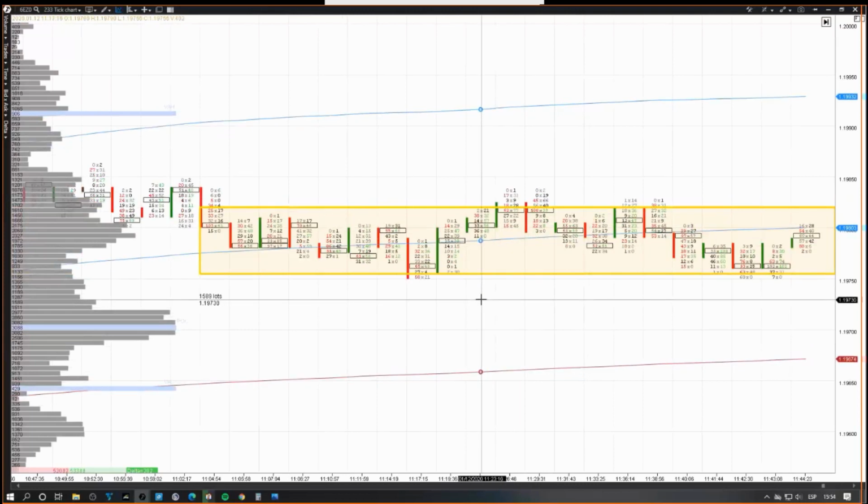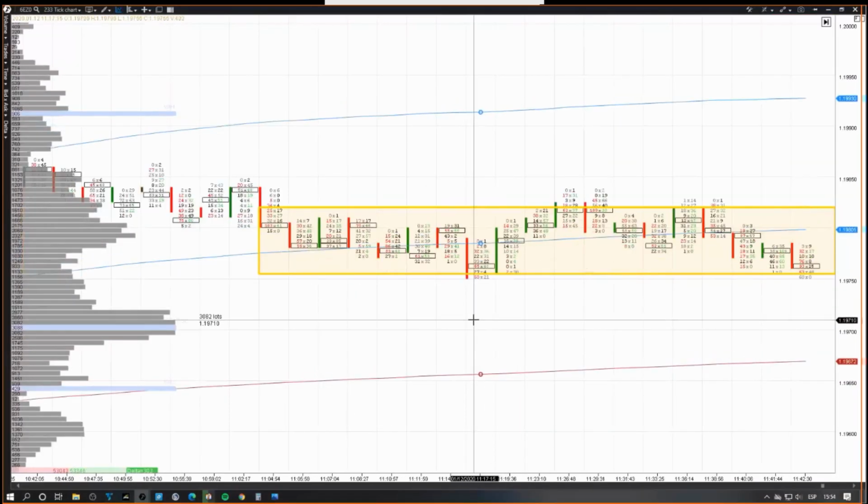If it works for you, the Fibonacci or whatever, fine. But I prefer to actually see the data, see where the buyers and the sellers are, and trade accordingly.